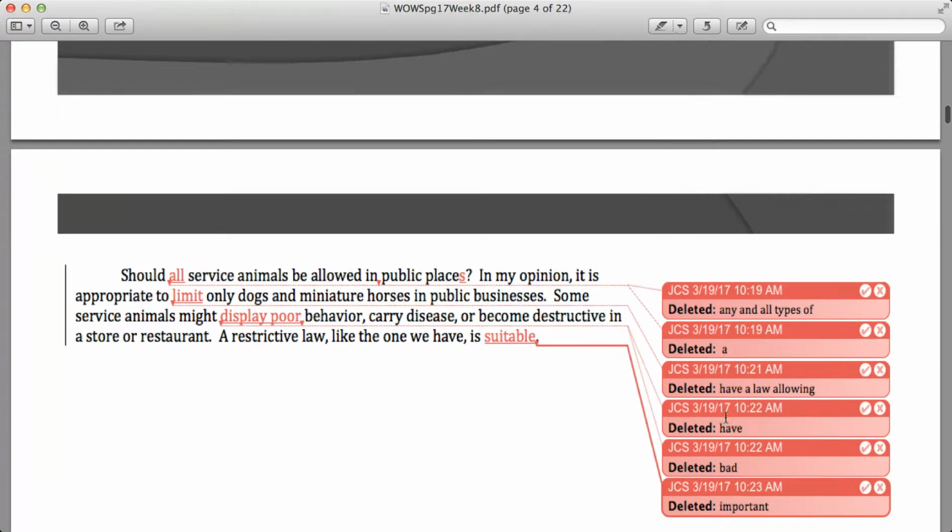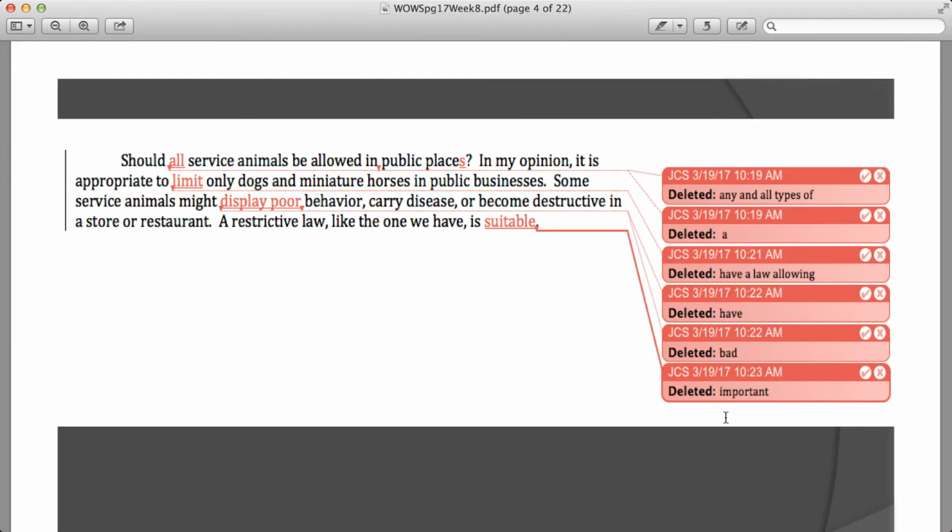Now I have my example for you right here. This was my introductory paragraph. I'm going to go ahead and put a screen overlay here so I can show you a few things.